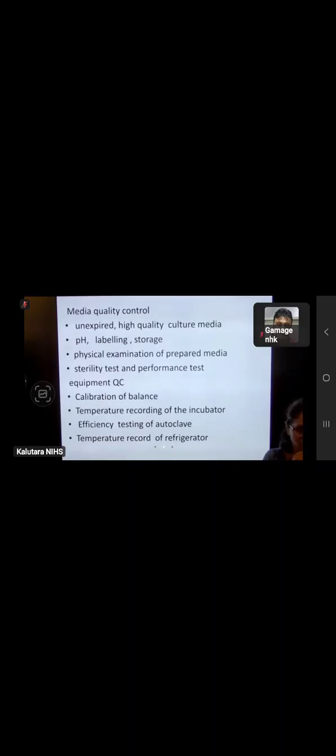The autoclave should function properly, and temperature record of refrigerators. Now, in equipment quality control, you think about what equipment we are using in the microbiology laboratory and how you do the quality control on those equipments. Don't learn by heart, but you can think logically.